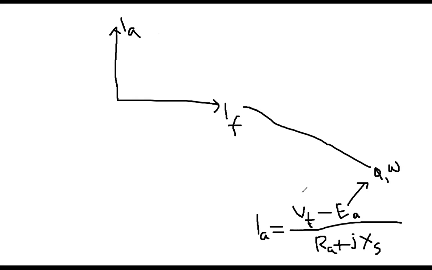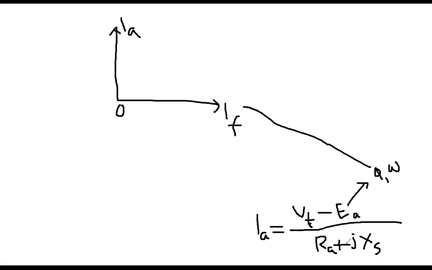Everybody see what I said: EA is the back voltage, the internal generated voltage, but back voltage. At the very first moment, EA is 0. There is no EA. So if EA is 0 at the very beginning, when the motor has not started or the back voltage has not built up, what is the value of I?